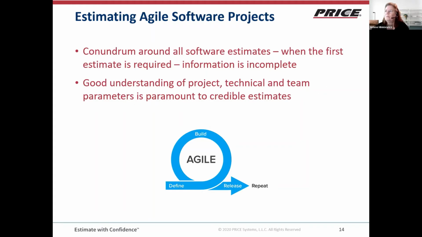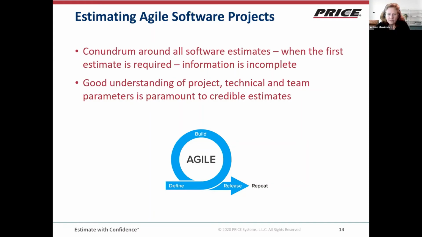So it's important, whether the project is Agile or not, that there's a good understanding of the project from a technical perspective. What are the team parameters? Like any other software estimate, just because the project is Agile doesn't mean there's a cookie cutter formula for coming up with the estimate.